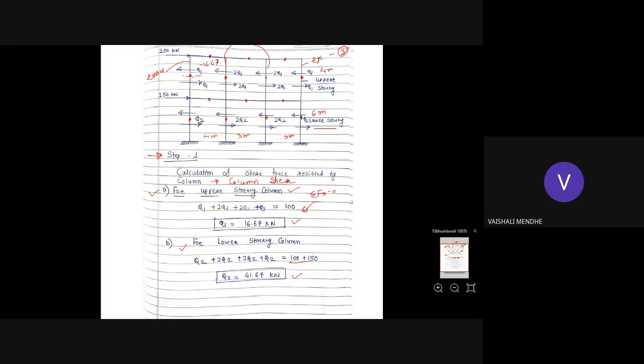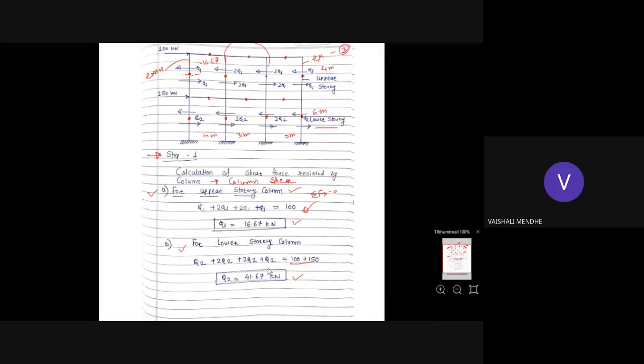Interior will have double of this, that is 41.67 into 2. Then exterior will be 41.67 kilonewton. Understood up to this? Yes, ma'am. Okay, so I'll go to the next step.